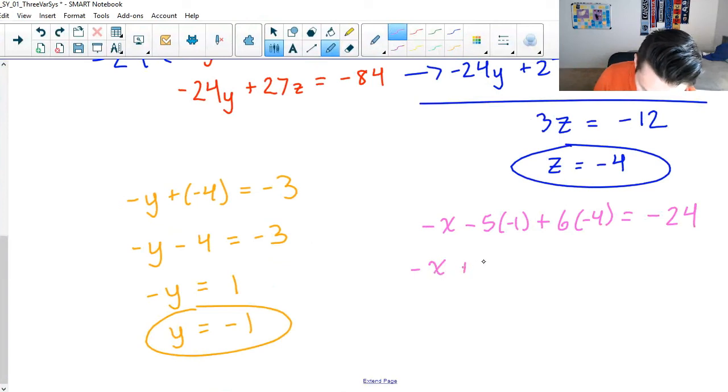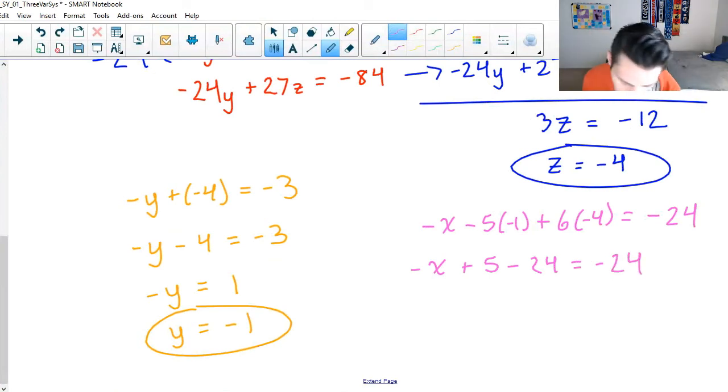So negative x plus 5 minus 24 equals negative 24. Add 24 to both sides, so that would get rid of both of those. So I have negative x plus 5 equals 0.